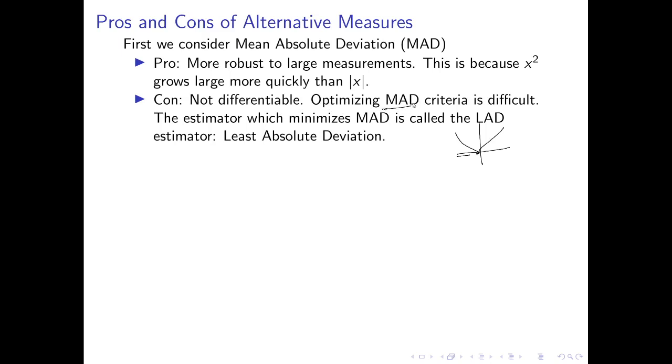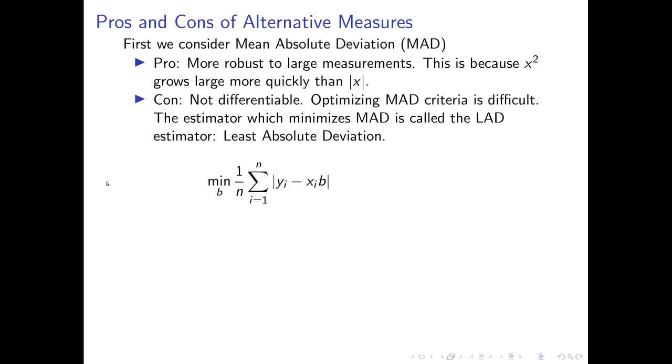Optimizing over it is difficult because we don't have differentiability here at the origin of the absolute value function. So it's difficult, it's not impossible. The estimator which minimizes mean absolute deviation is called the LAD estimator, the least absolute deviation estimator. So even though it's difficult, we can define one.